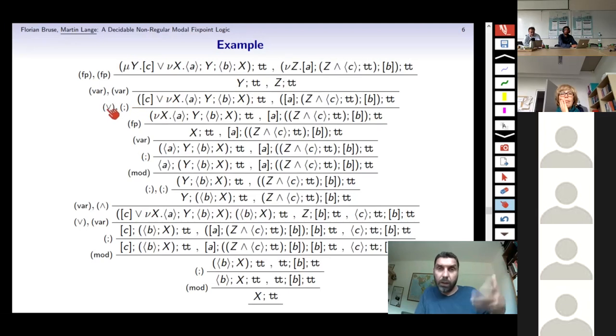So here we need to apply the rule for disjunction, which means the verifier needs to choose some disjunct, and let's say she chose the right one here. And on this side, the head of the stack starts with a sequential composition, and what's happening here is that deterministically this is broken up, and the two parts are put onto the stack. This is how a stack may grow, and so on.